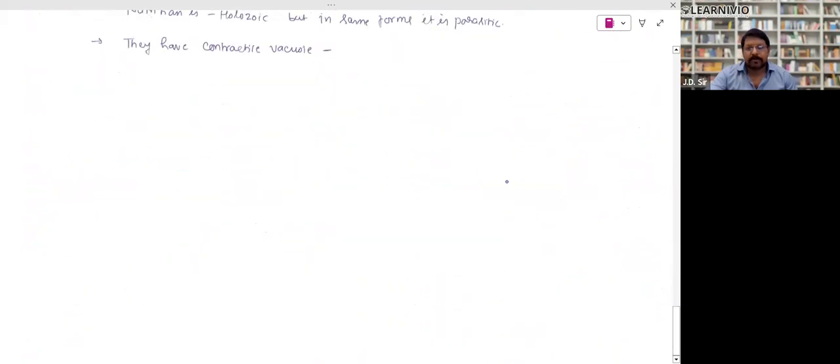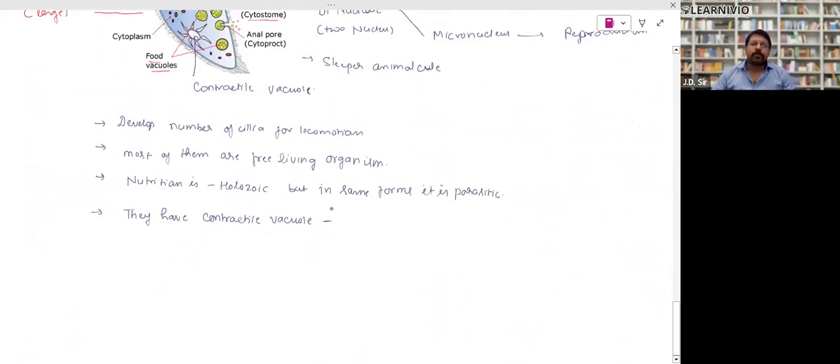Remember here only, keep it in mind. They have it. That's why every time I write it down, and every time I tell you, they have a contractile vacuole, that is excretion of waste water, right?